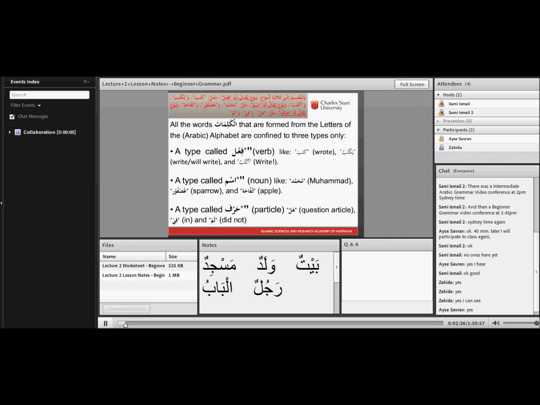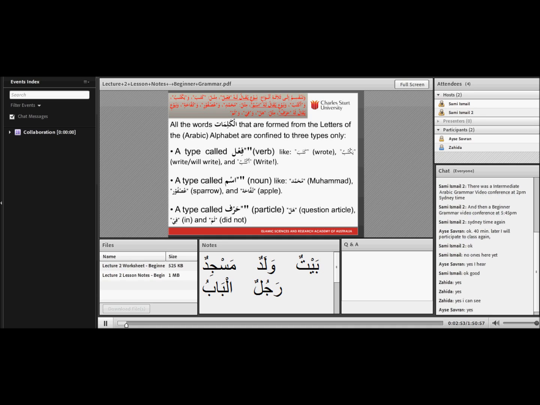Now, it says at the top that all the words, meaning all the words in the Arabic language, al-kalimat. Now, this is new vocabulary that you should learn. Words means al-kalimat in the Arabic language.